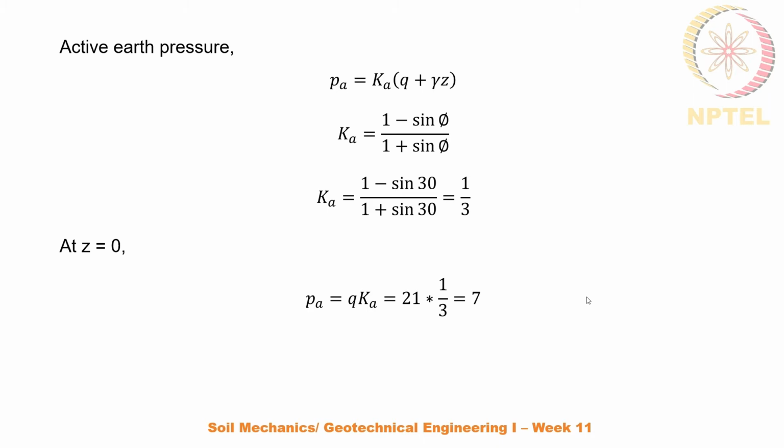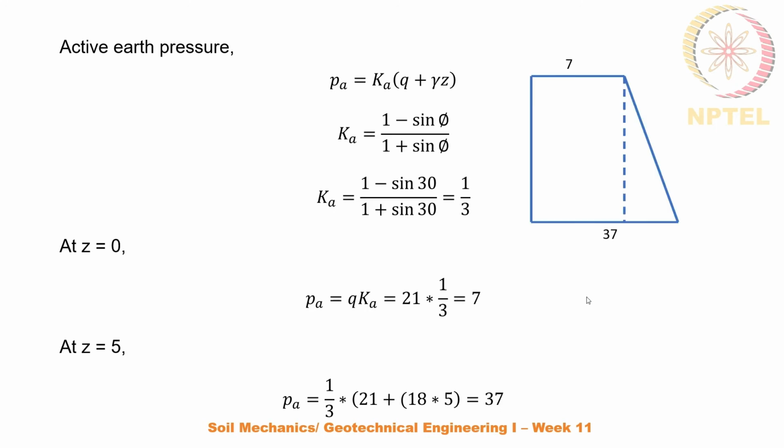So we get Pa equal to 7 at z equal to 0. Now at z equal to 5, we have Pa equal to 37, which can be represented as shown in the figure.